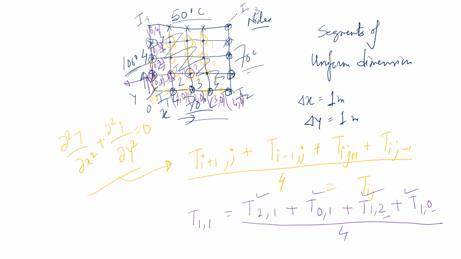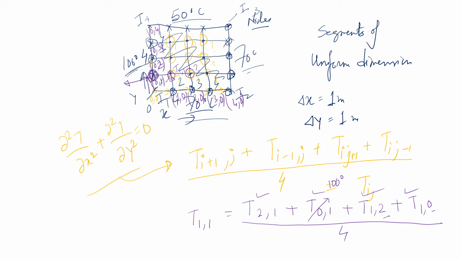And all the points at the edge will be at the same temperature. So this T01, x is 0 and y is 1, will be 100 degrees centigrade, because i is 0 but j is 1. So this will be 100 degrees centigrade.